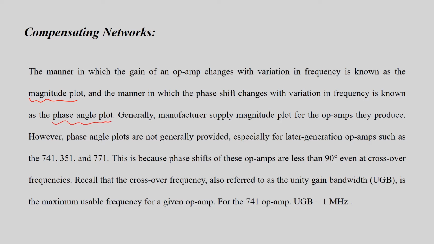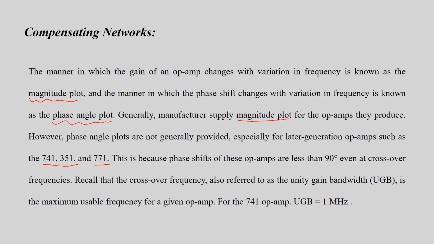Generally, manufacturers supply magnitude plots for the op-amps they produce. However, phase angle plots are not generally provided, especially for the later generation of op-amps such as 741, 351 and 771.